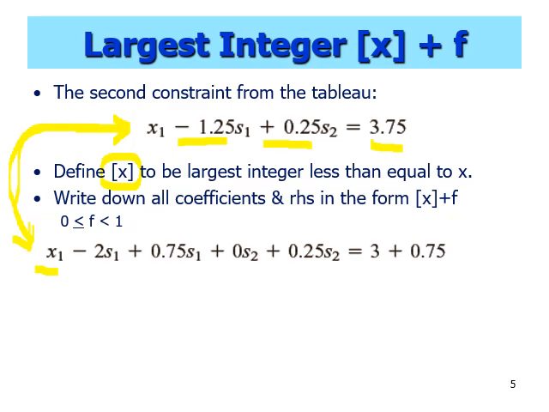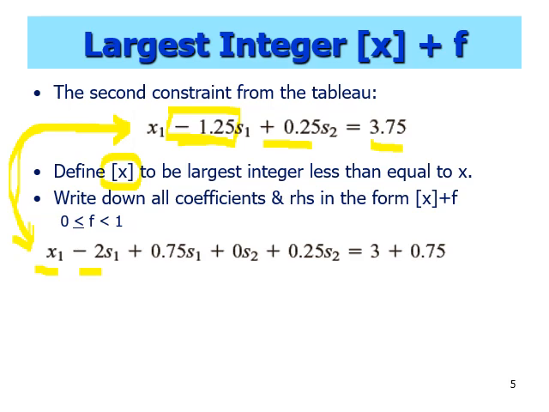Here we see that we have minus 1.25. Now ask yourself, what is the largest integer that is less than minus 1.25? The answer is minus 2, because minus 2 is the largest possible integer that is still less than minus 1.25.